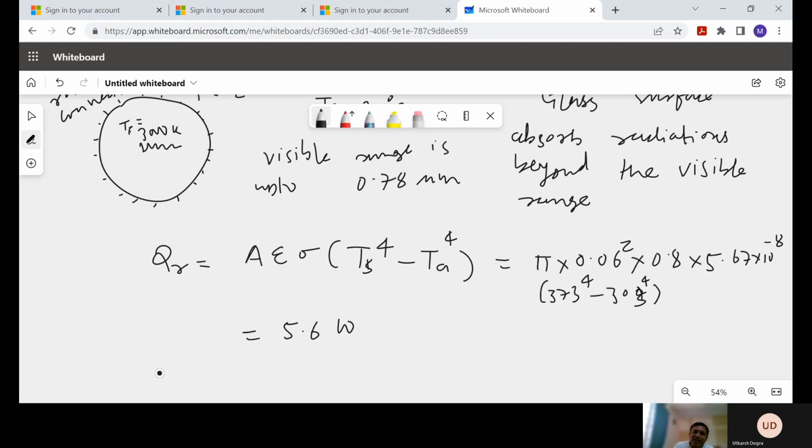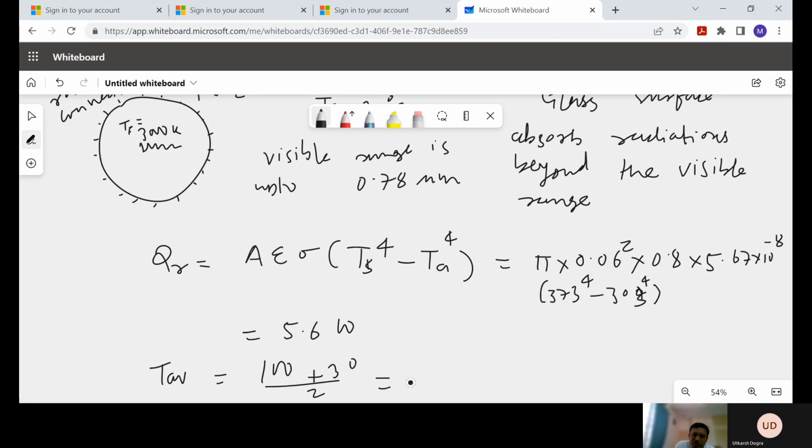Now there is another very interesting thing. There is a convection taking place. Convection is also taking place outside because this wall is at 100 degrees Celsius and outside the air is there. So that air is going to take some amount of heat by convection, isn't it? So how we can account that convection, natural convection here? For a natural convection, first we have to calculate the average temperature. So average temperature will be what? 100 plus ambient temperature 30 divided by 2.